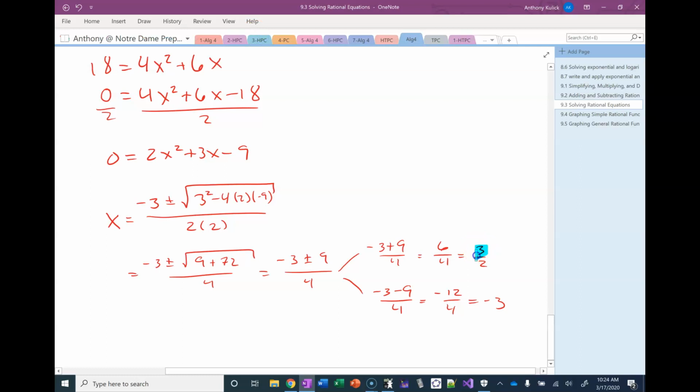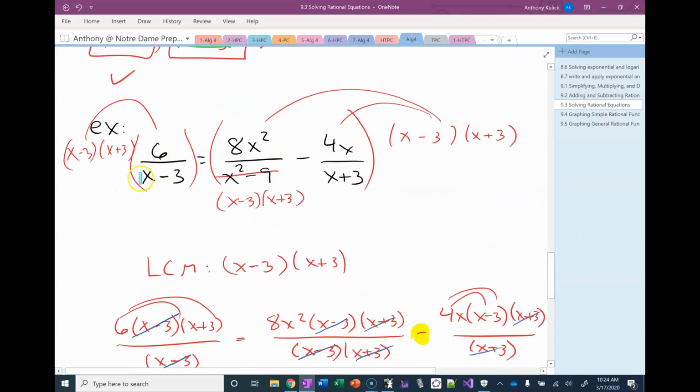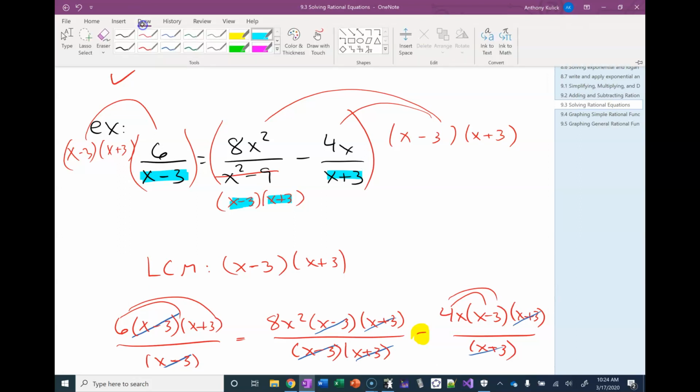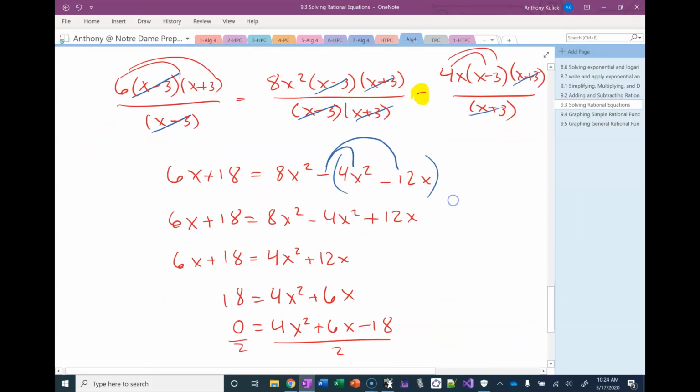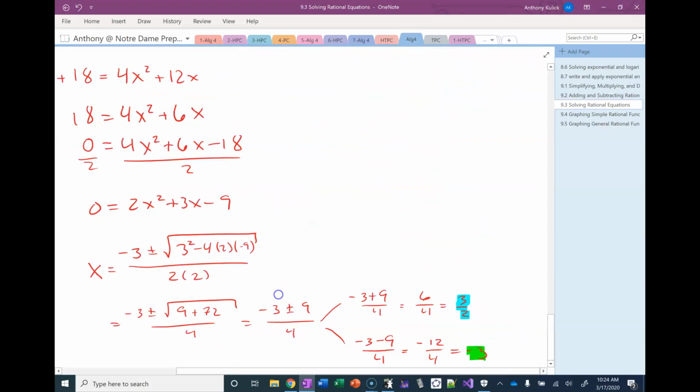Remember, I have to check these. So I'll take 3 over 2 and go back to the very beginning, plugging it in for x. None of those give me 0, right? 3 over 2 minus 3 isn't 0. 3 over 2 plus 3 isn't 0, so that answer is good. My other solution was negative 3.